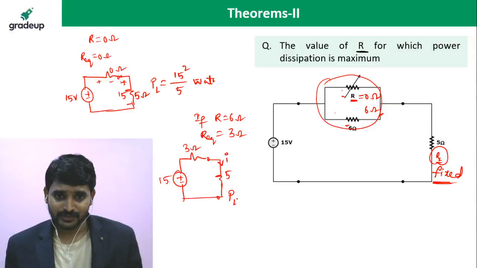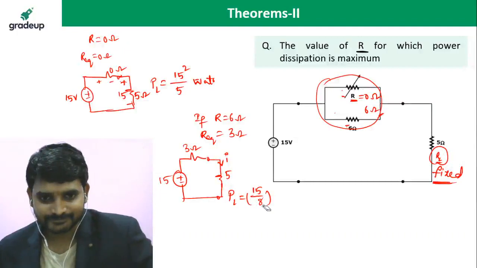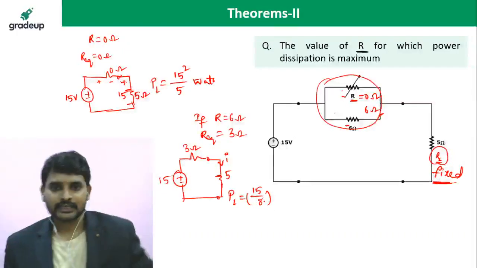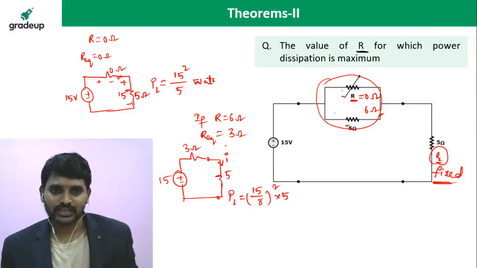So the power PL is equal to (15 by 8) whole square into 5. Sorry, 5 plus 3 is 8 only, no? Right. 15 by 8, I square into 5. You can check what this value is.